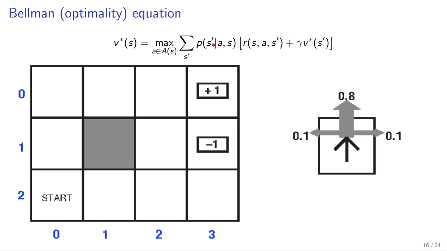Then I have this weighted probability over the successor states, those are the S prime. The value sums up the rewards, the reward of the transition I will take, weighted by the likelihood that it will actually happen. And here is the value of the successor state, discounted by gamma.